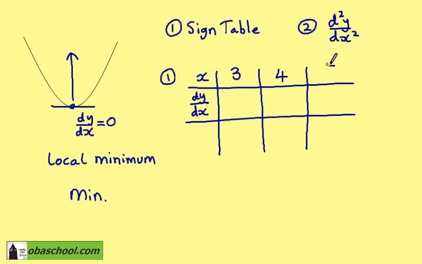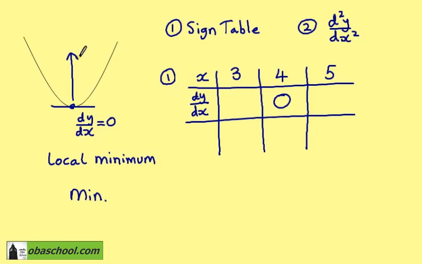We could take a point to the right, such as 5, with the same proviso that there's no turning points between 4 and 5. Since the turning point actually happens at 4, dy dx is 0 here.